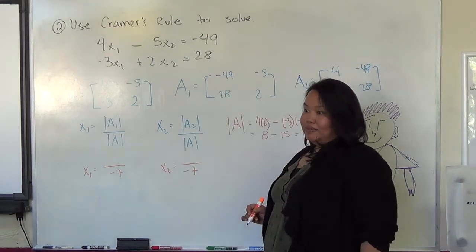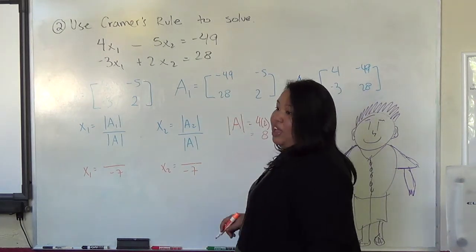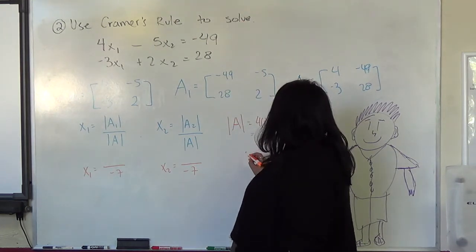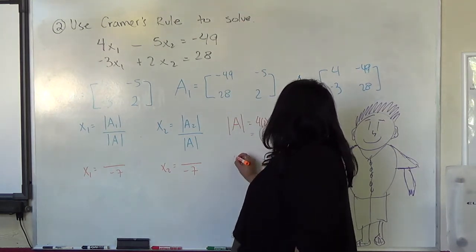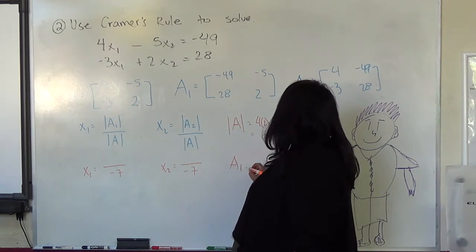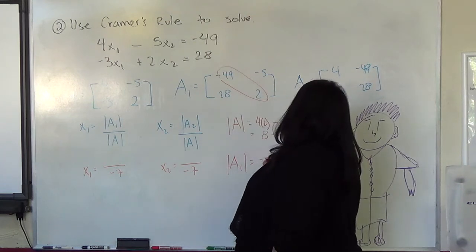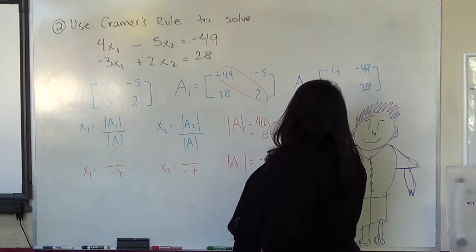So now we have to find the tops. I just have to find the determinant of A sub 1, which is this times this: negative 49 times 2 minus negative 5 times 28. What's negative 49 times 2?